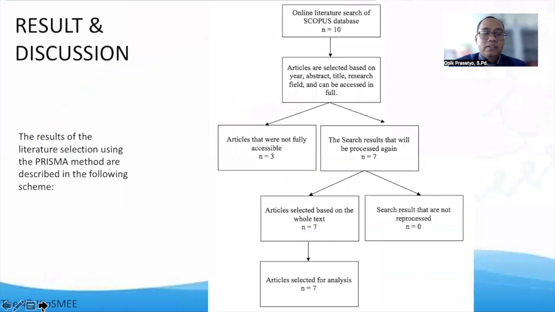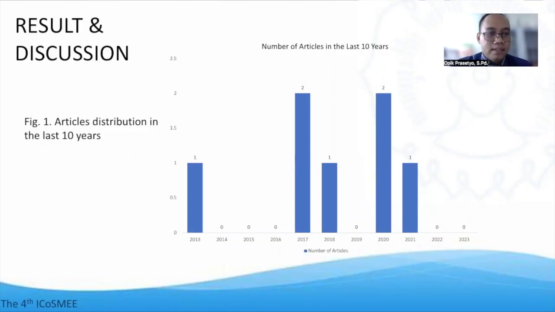And then the result of this discussion, the result of the literature selection using the PRISMA method is described in the following scheme. Next is the article distribution in the last 10 years. As we know that in 2013, 2018, and 2021, there is only one article that describes the implementation of discovery learning in improving student writing skill.